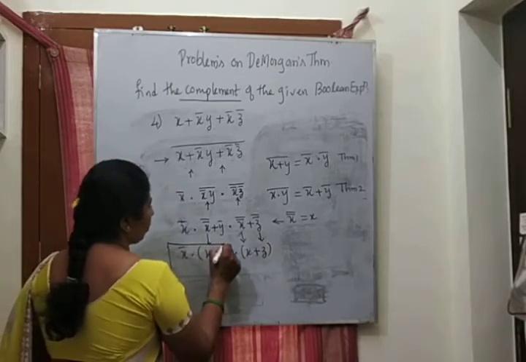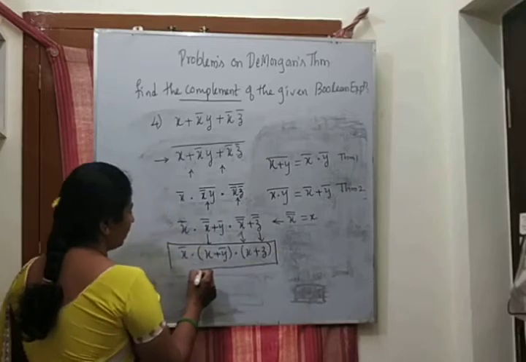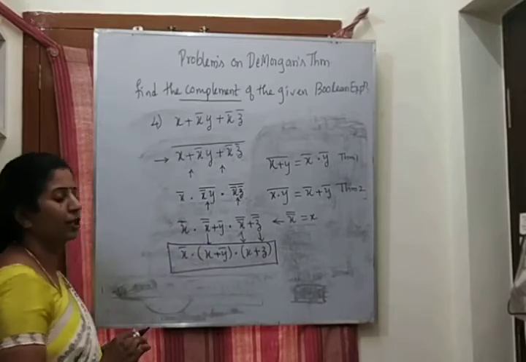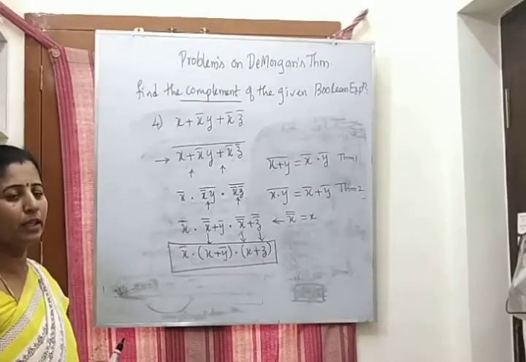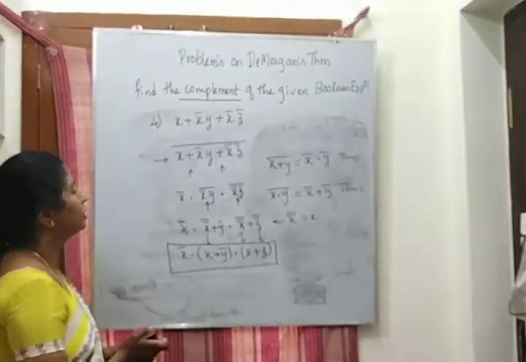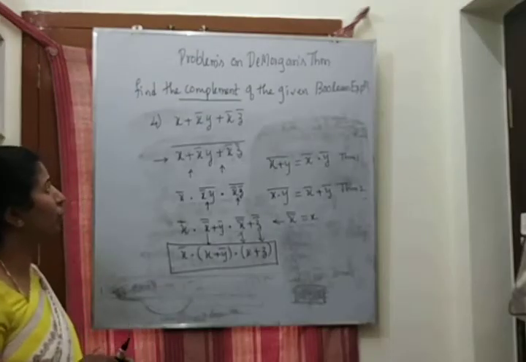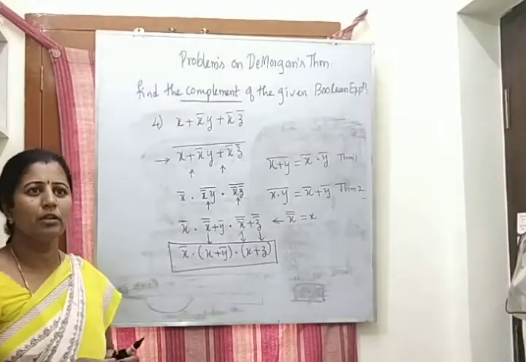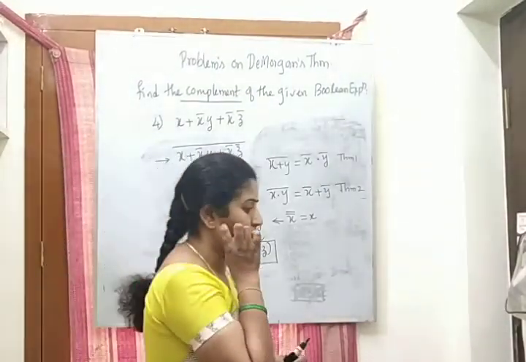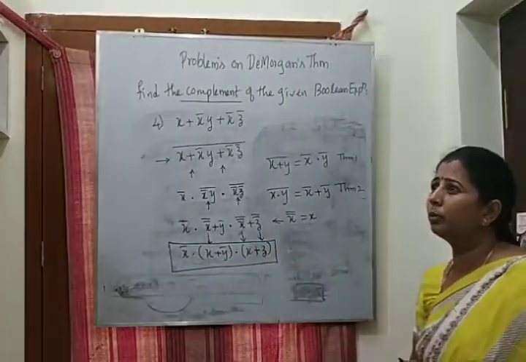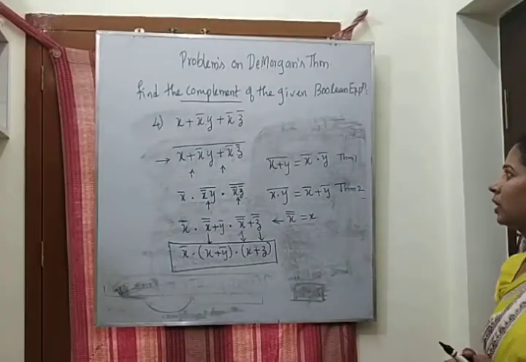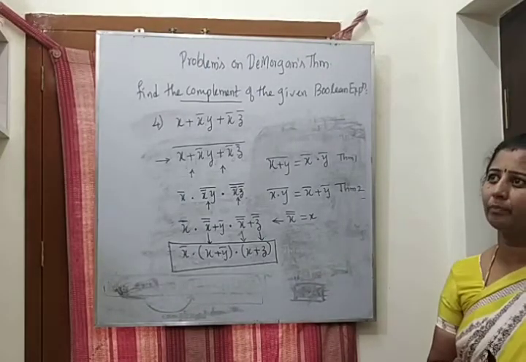This is your complement form of the given Boolean expression. So these are the problems we have explained for only complementation. In the next class we'll discuss how to simplify the given Boolean expression using De Morgan's theorem.